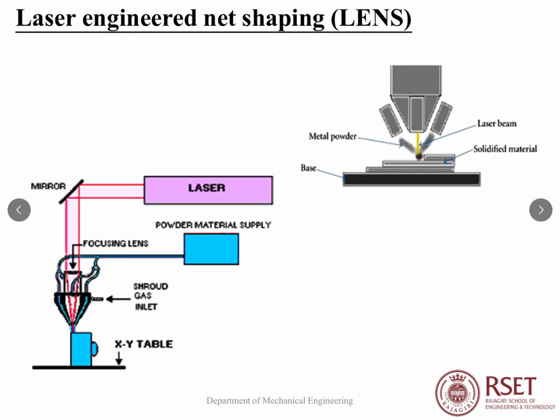Next is laser engineered net shaping, LENS. This is also a rapid prototyping, additive manufacturing process. Instead of laser welding, here we have a powder material supply along with the laser source. Due to the laser heating, the material melts and material addition takes place.